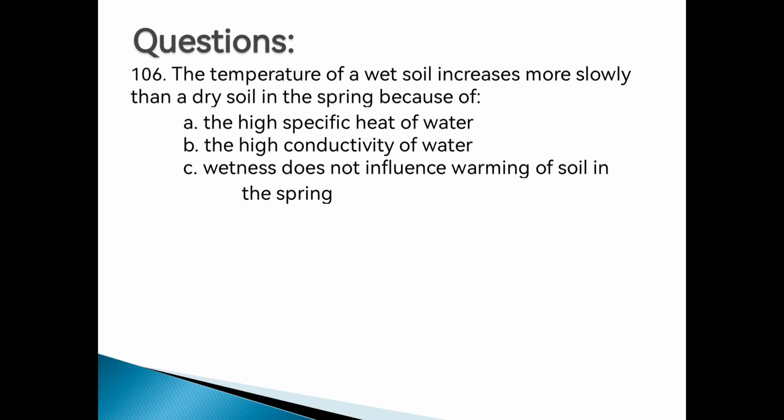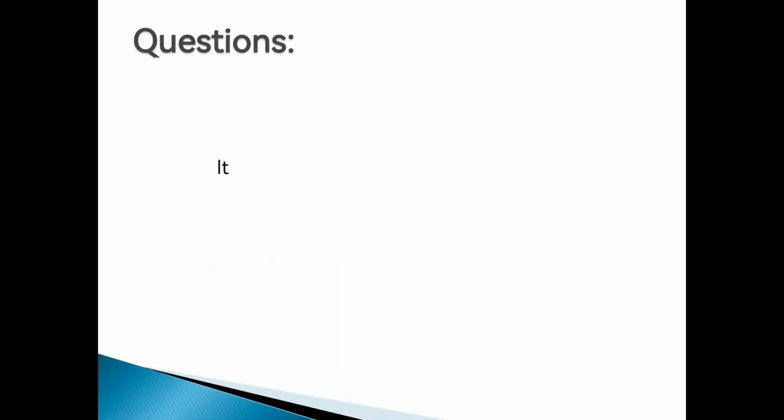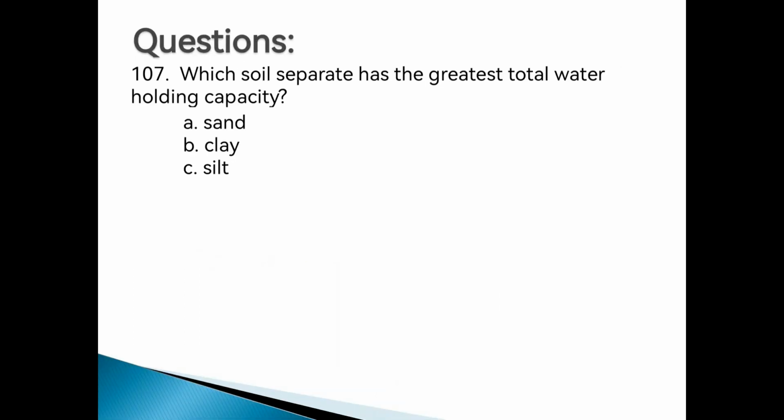The correct answer is A. the high specific heat of water. 107. Which soil separate has the greatest total water holding capacity? A. Sand, B. Clay, C. Silt. The correct answer is B.